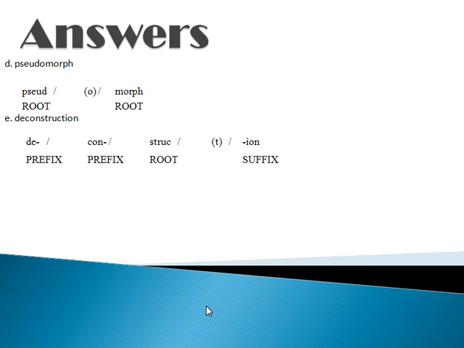Pseud? Pseud. Yeah? So, as pseud is a noun, it must be the root. Okay, do you understand? Because I have the word pseud in the dictionary, and it's a noun.